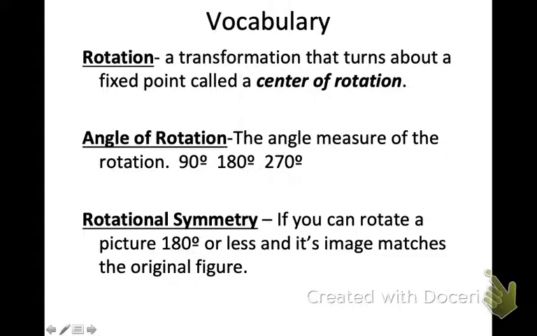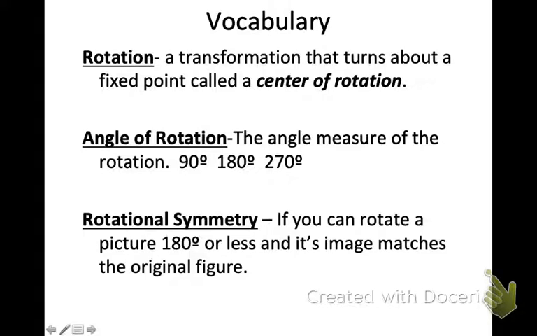A transformation that turns about a fixed point is called our center of rotation. We move rotations in 90 degrees, 180 degrees, and 270 degrees, and I'm going to show you that. A quarter turn, a half turn, a 3/4 turn, 360.